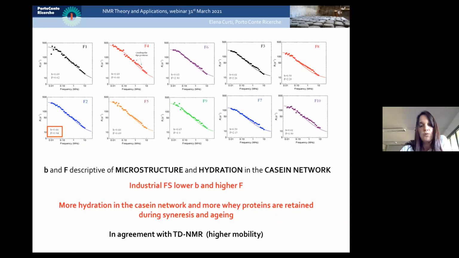So we can also say that FFC results confirm what we observed with the NMR.